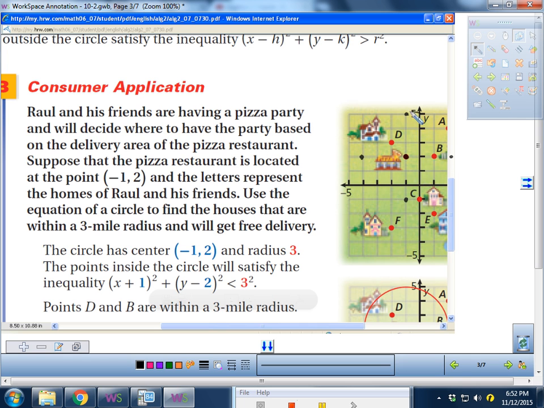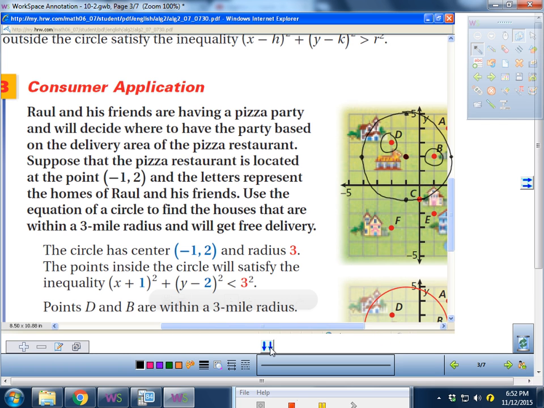If you drew a little circle here, which, let's face it, is not going to be perfect, it's pretty obvious that D and B are both within a 3-mile radius. But I don't know about C. C is kind of on there, and it might be inside, but it might not be.